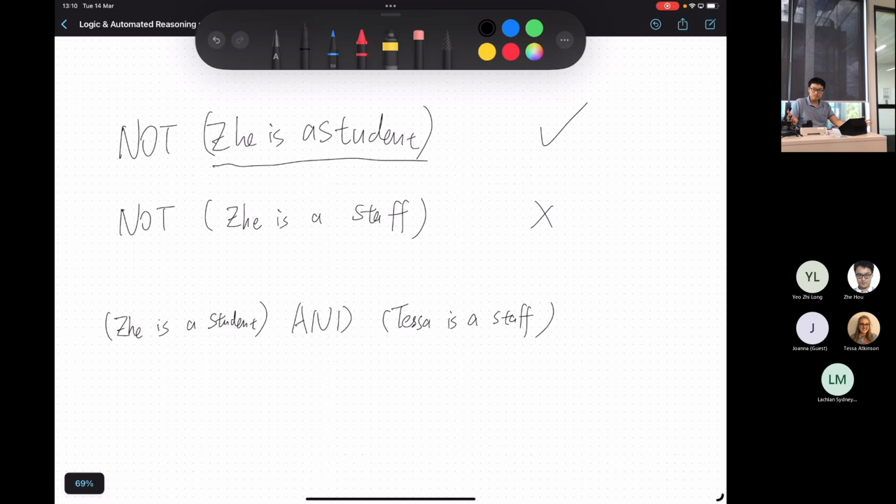So the left-hand side is false, the right-hand side is also false. Therefore, the AND statement is false.